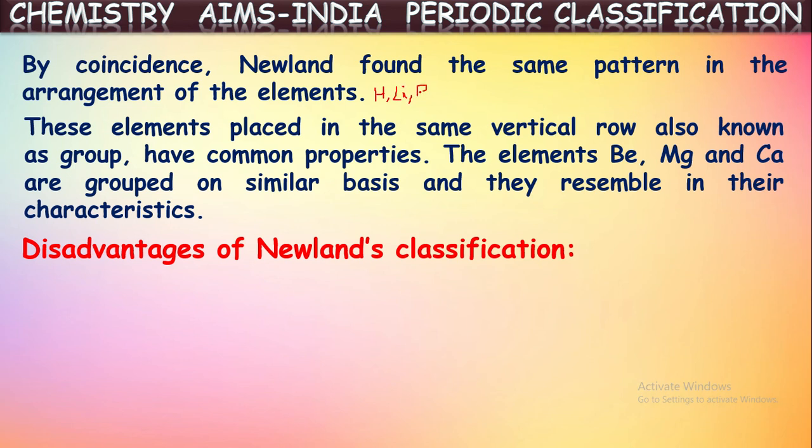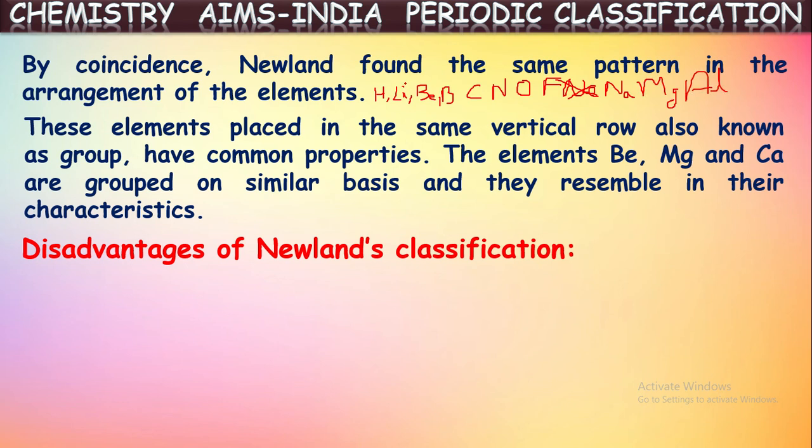Lithium, beryllium, next boron, carbon, nitrogen, oxygen, fluorine. Neon was not known at the time. So after fluorine, sodium, magnesium, then aluminium, and so on.